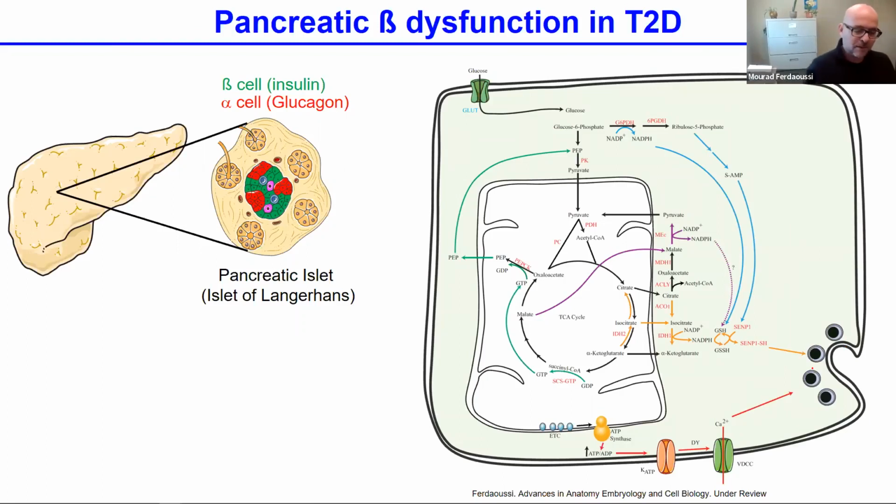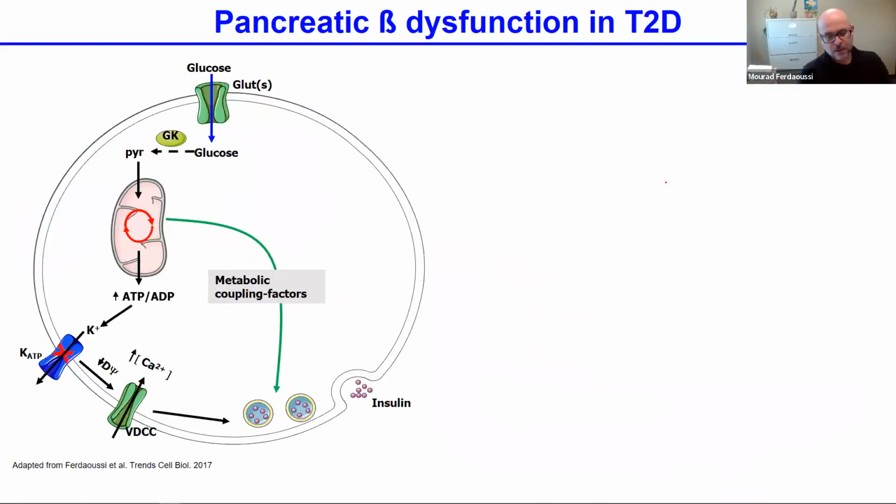As I promised, I don't want to go through the details of this basic information. I just wanted to summarize these pathways in a way that helps us understand how we can use this understanding to develop different drugs to treat diabetes. So this complicated pathway, I want to just summarize like this.